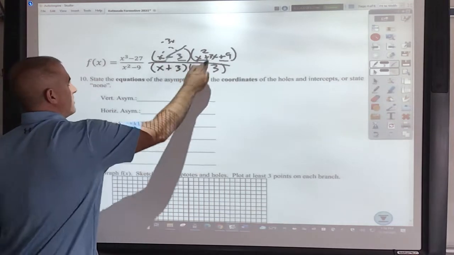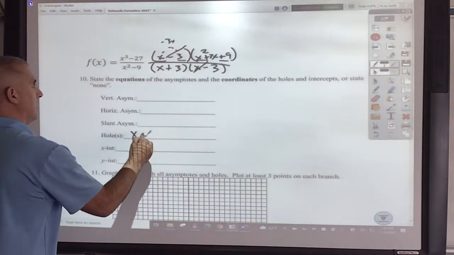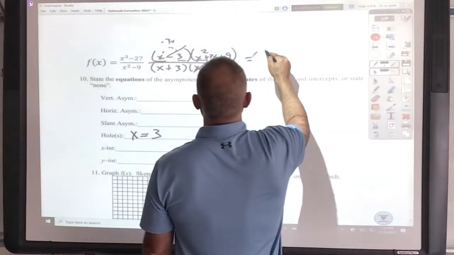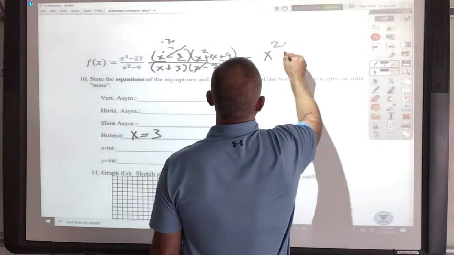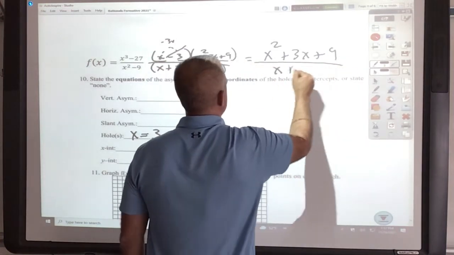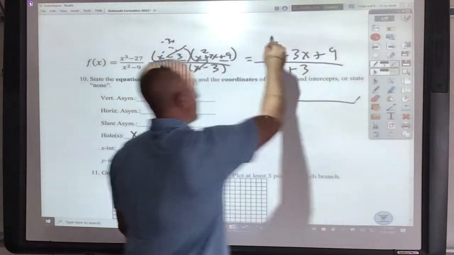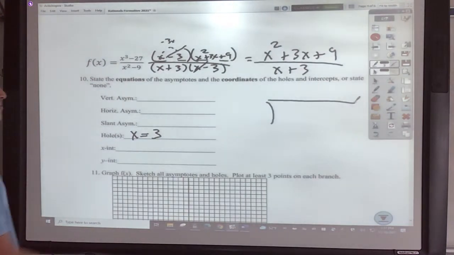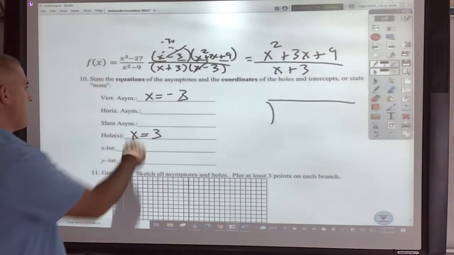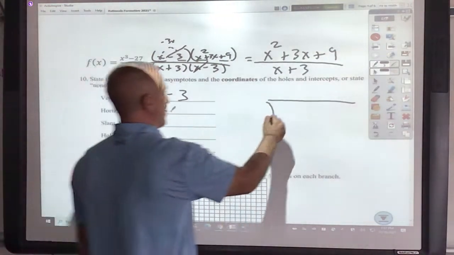Now, what eliminates is x minus 3, so I got a hole at x equals 3. I've got my final result as x squared plus 3x plus 9, all over x plus 3. Since the numerator's degree is bigger, I'm going to have a slant asymptote. I have a vertical asymptote at x equals -3, but I'm going to have a slant asymptote here.